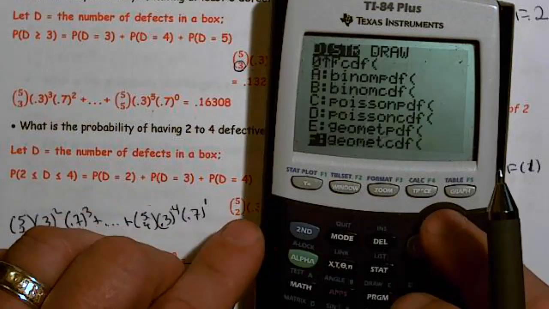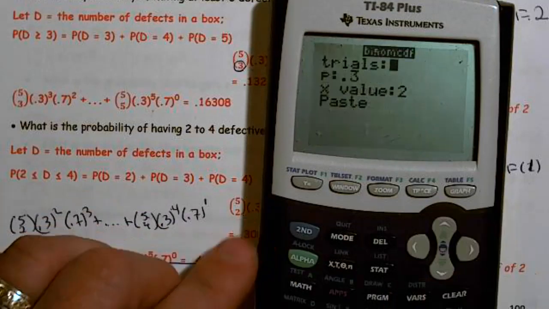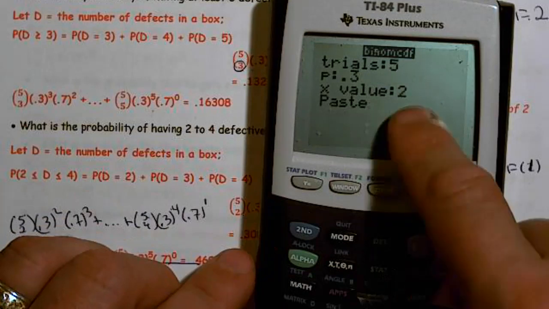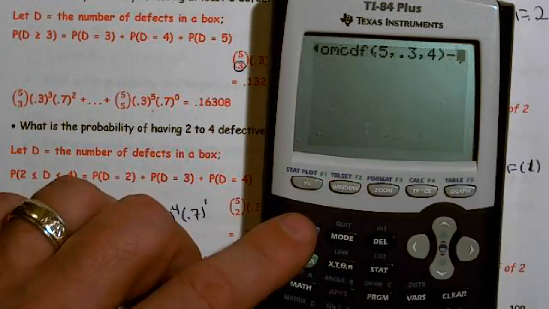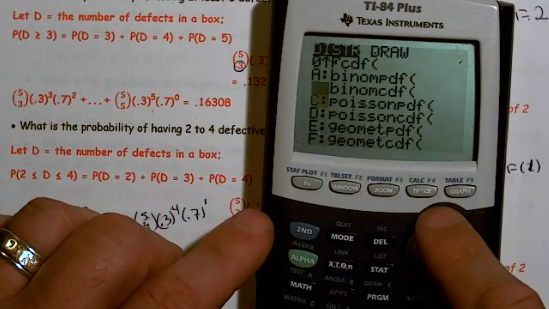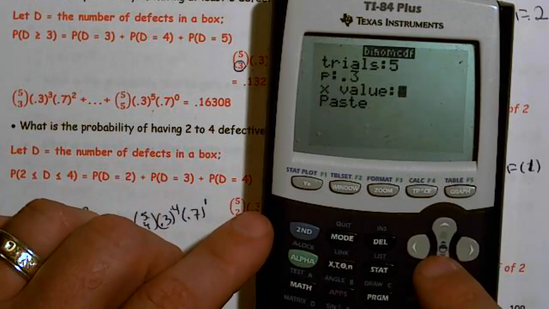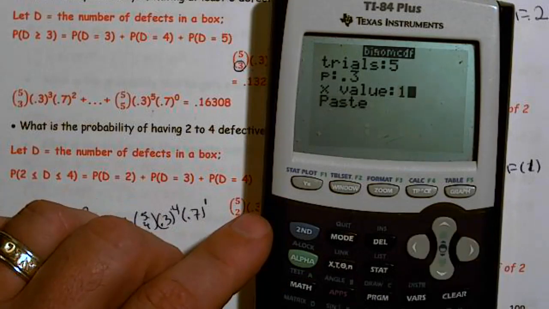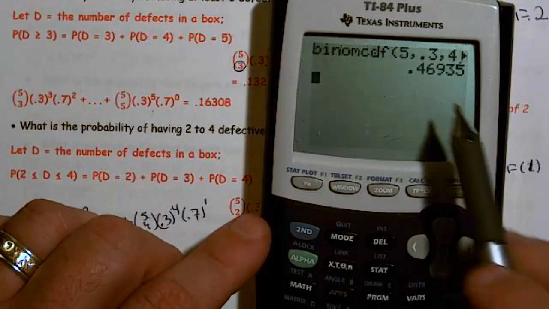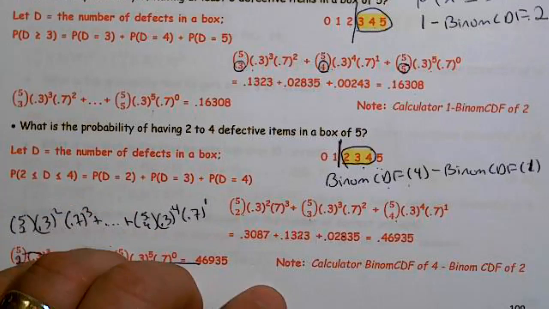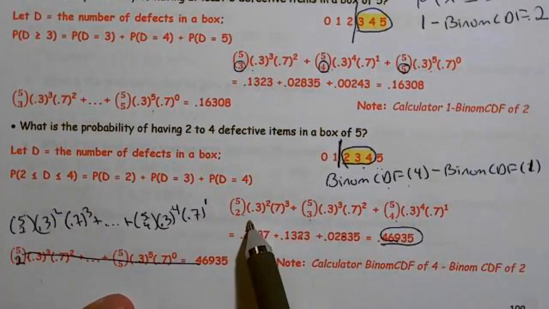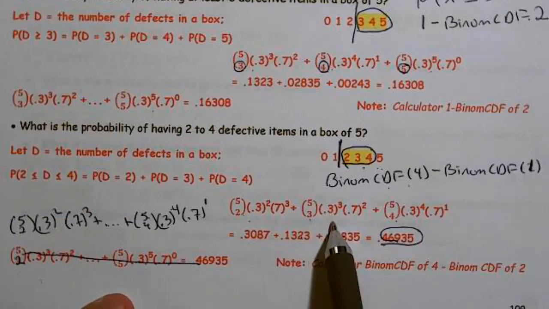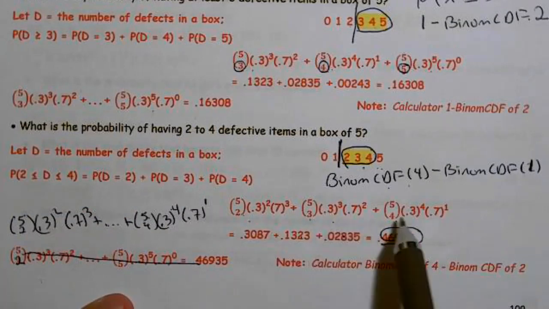Second vars, binom CDF. The highest thing I wanted was a 4 minus second vars, binom CDF, and the highest thing I didn't want was 1. And I get 0.46935. All right. And once again, if I did a binomial PDF of 2 plus the binom PDF of 3 plus the binom PDF of 4, I would have gotten that answer.